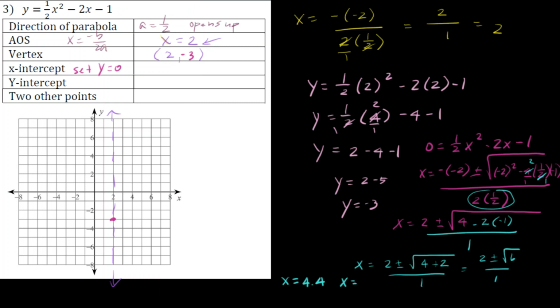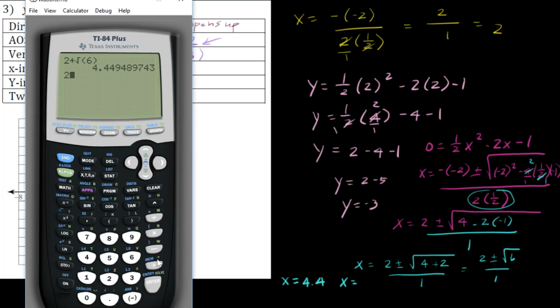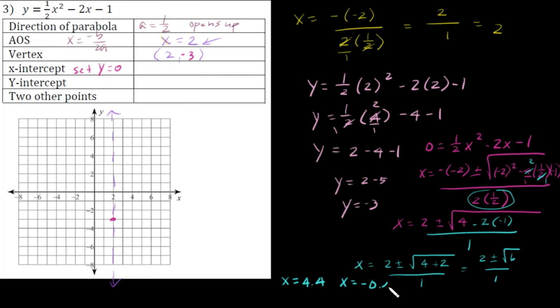Let's do the negative counterpart. 2 minus square root of 6. That's going to give you negative 0.4. Those are our 2 points. So 4.4 comma 0 and negative 0.4 comma 0.